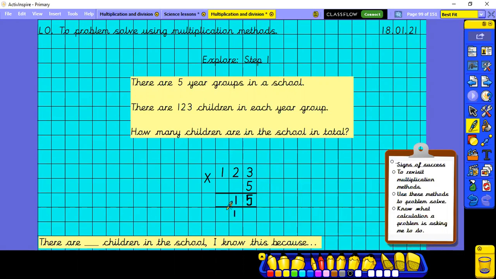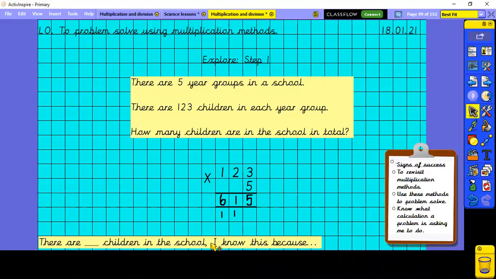So our 1 goes here and another 1 under here in the hundreds column. And lastly, 5 times 1, which is 5, and then add the 1, that becomes 6. So there are 615 children in the school. I know this because I've multiplied 123 by 5.